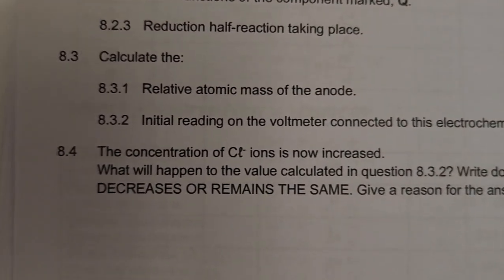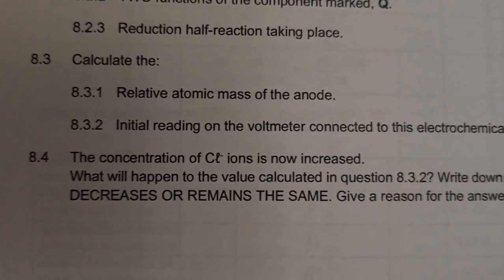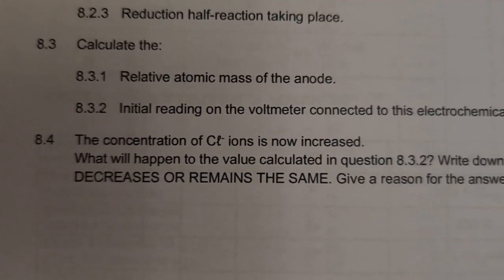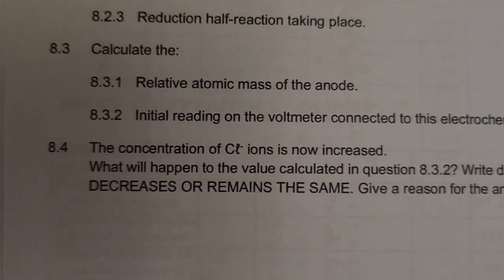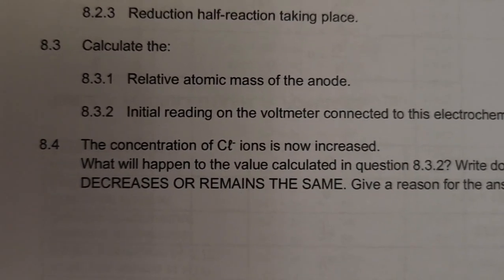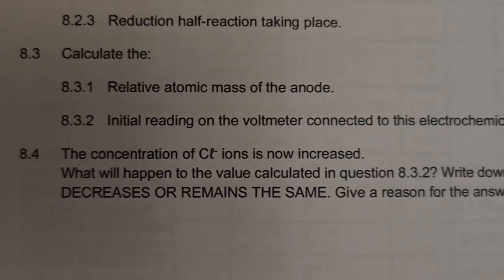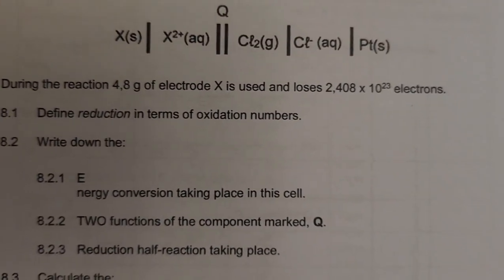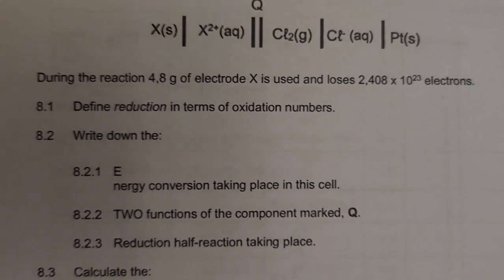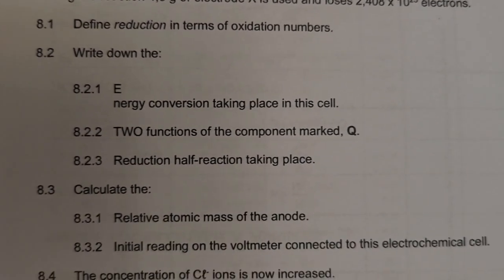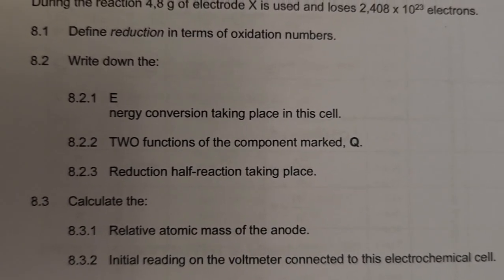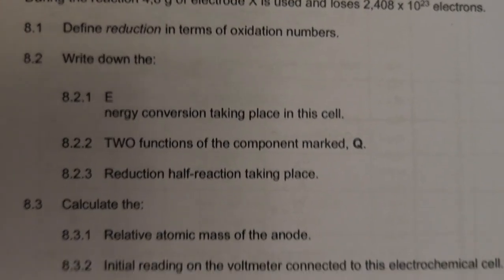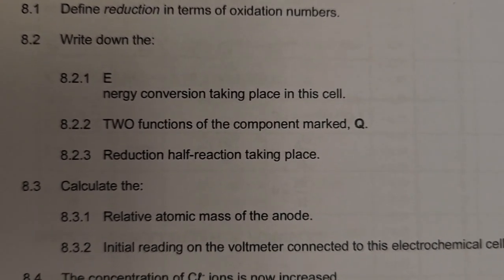Now in 8.3 they are telling us to calculate the relative atomic mass of the anode. Remember, the anode is the X part. So find the relative atomic mass of the anode.